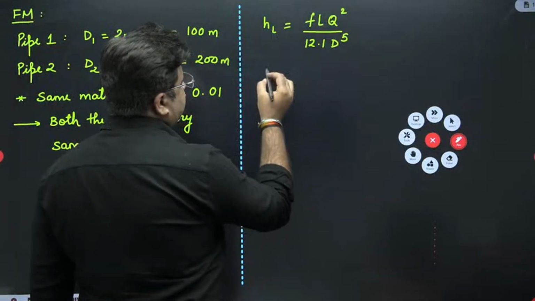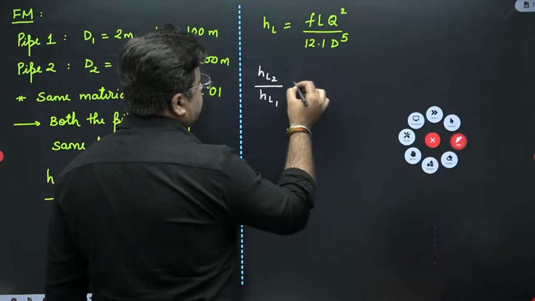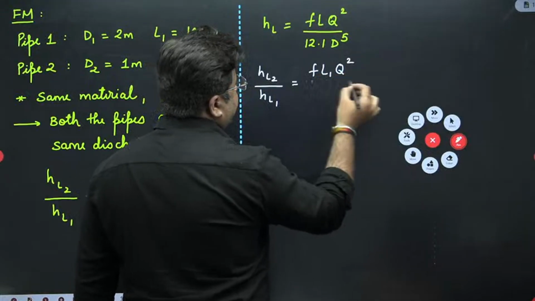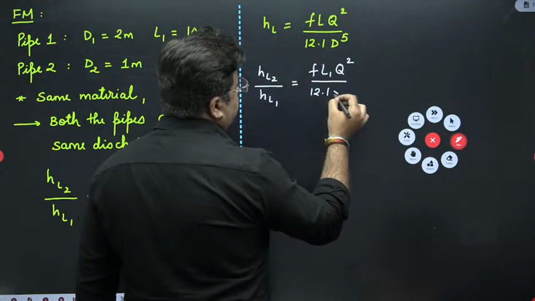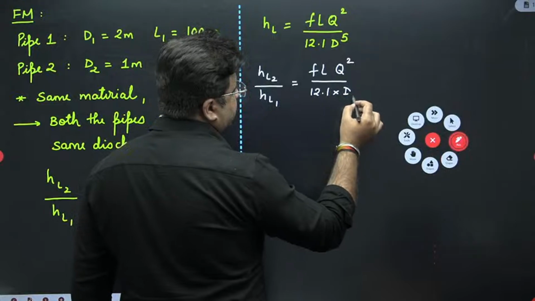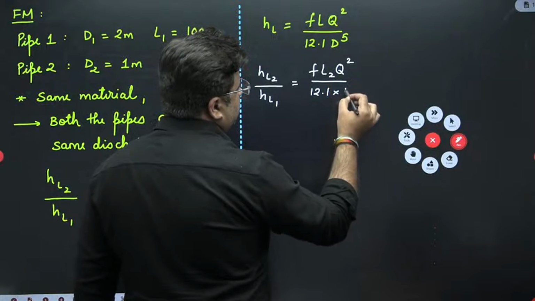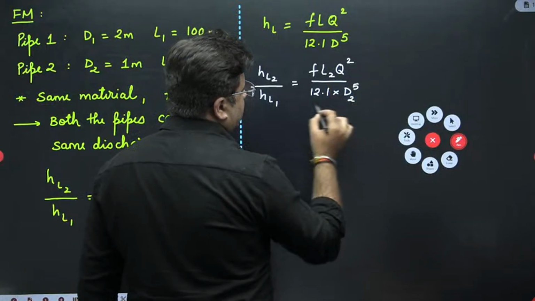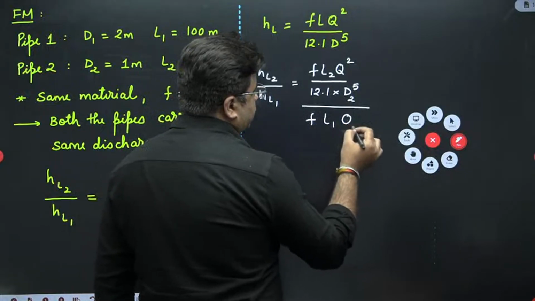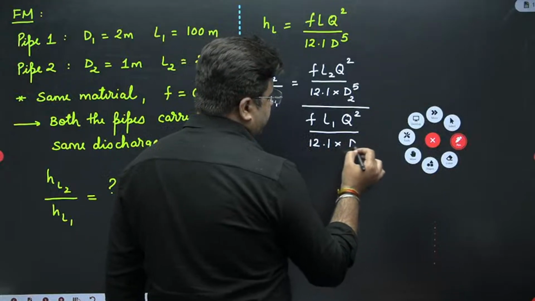So you can just take the ratio of head loss for pipe 2 to head loss for pipe 1, which is equal to F L2 Q square divided by 12.1 into D2 raised to the power 5, whole divided by F into L1 into Q square divided by 12.1 into D1 raised to the power 5.